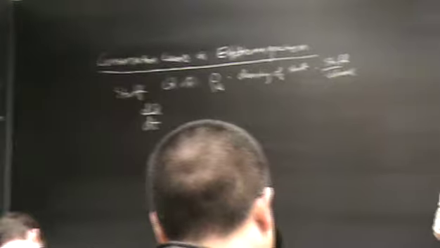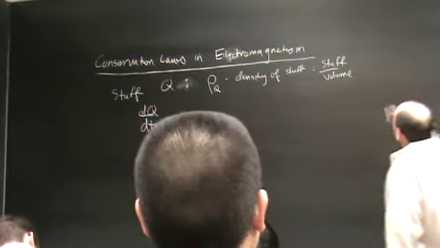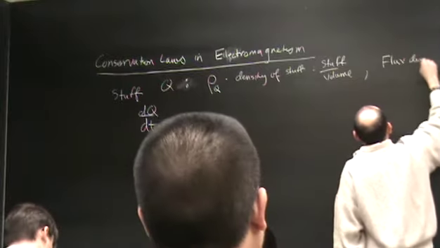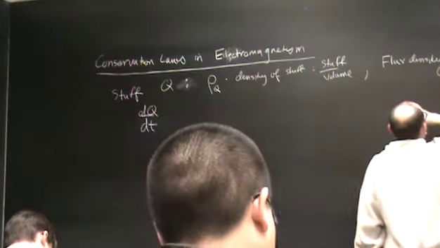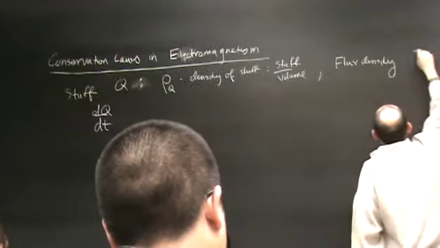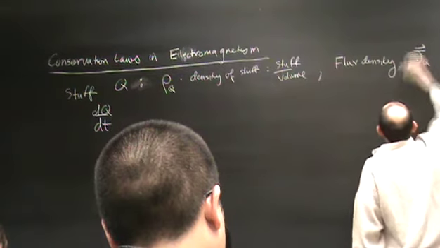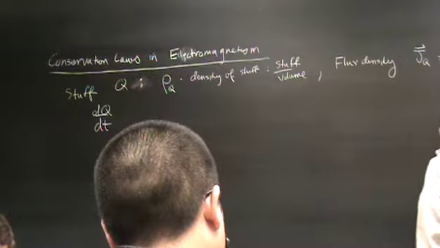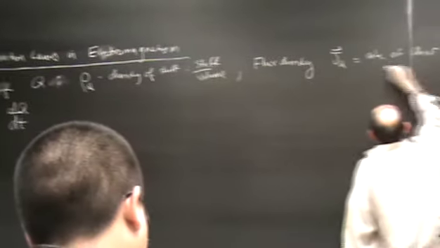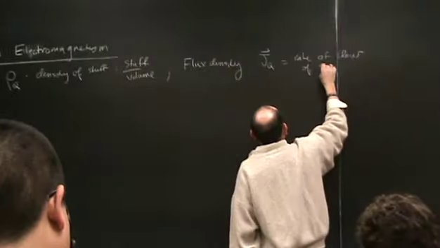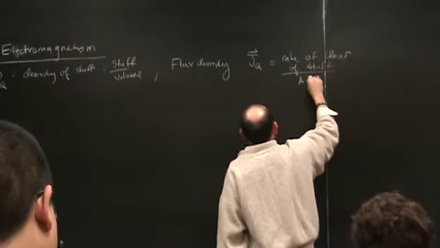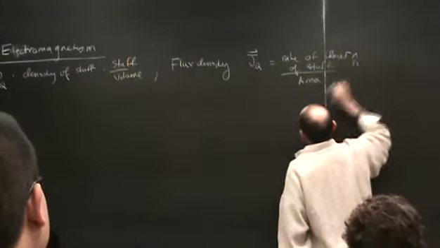And the flux density, which I'll call J sub q. This is the rate of flow of stuff per unit area in some direction.